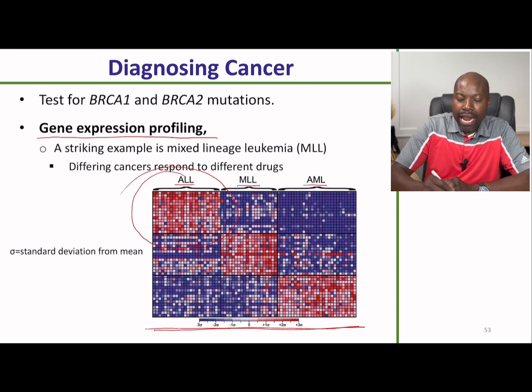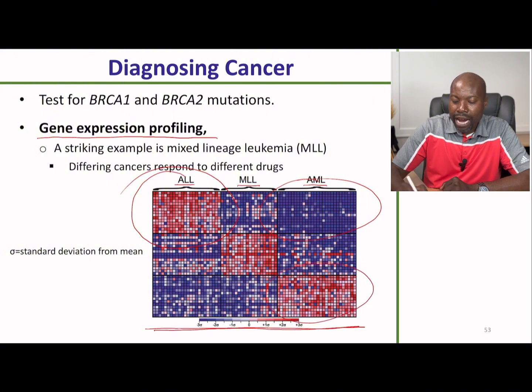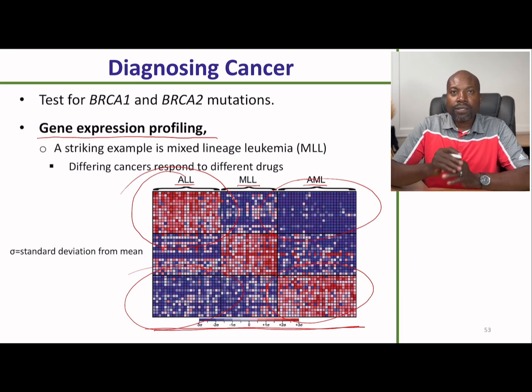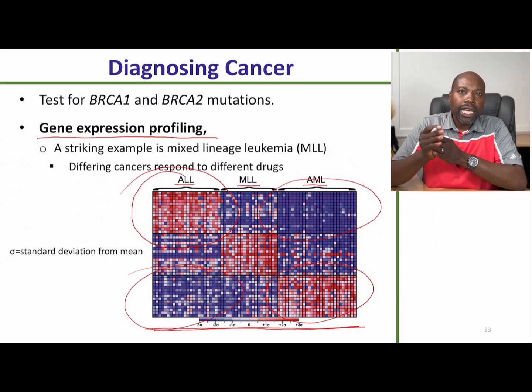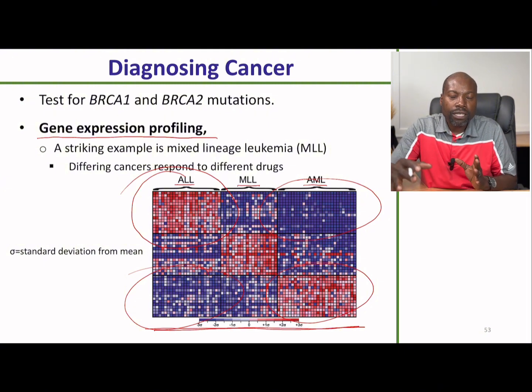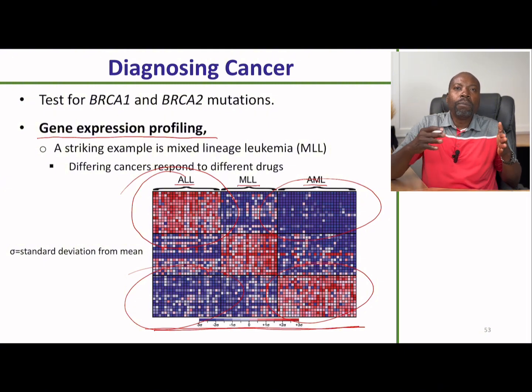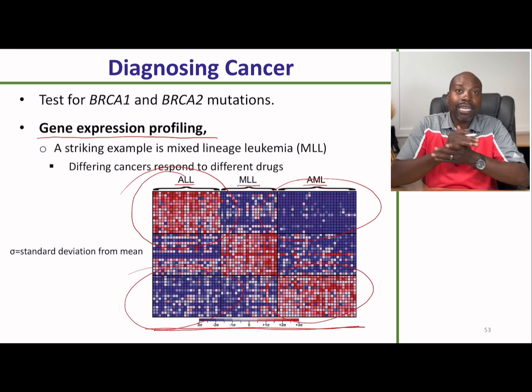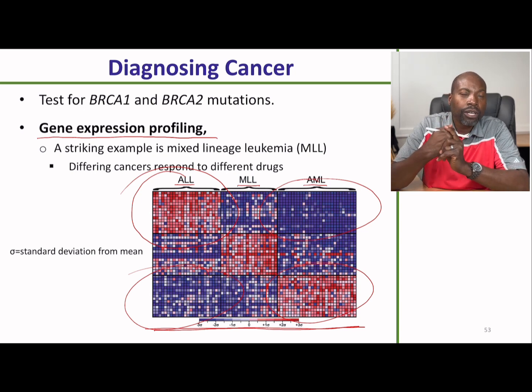We go from the red here to blue here, right? From red here to blue here, okay? And so you have a standard deviation in gene expression that varies tremendously. And because of that tremendous variation, we are going to be more targeted in terms of how to approach the treatment as well, right?